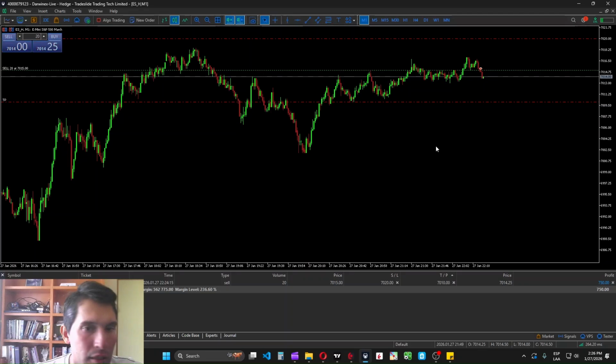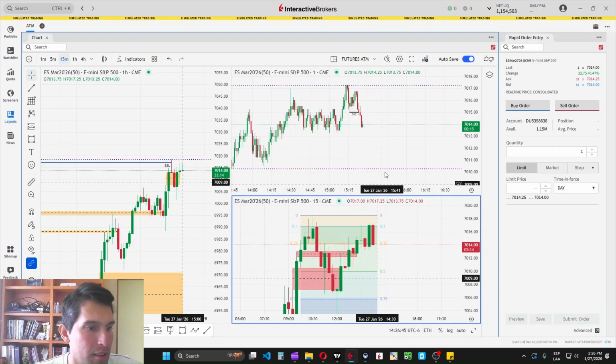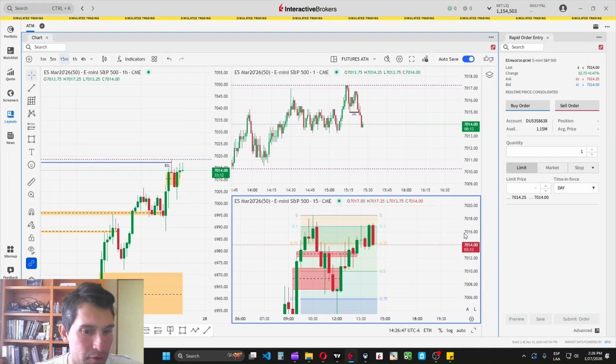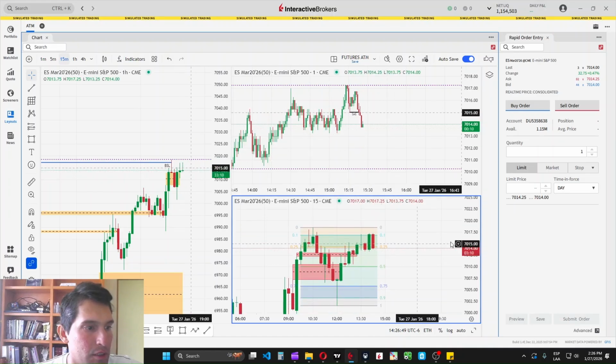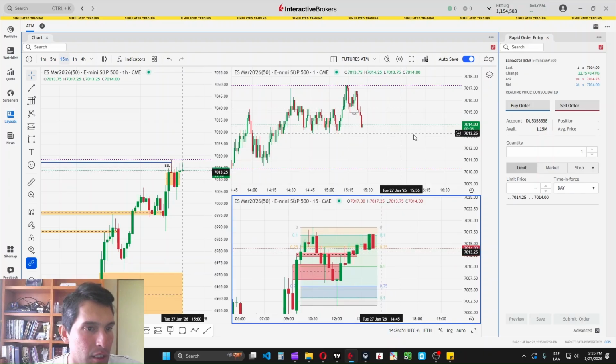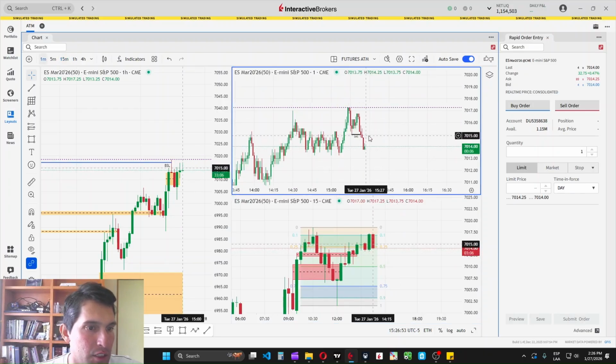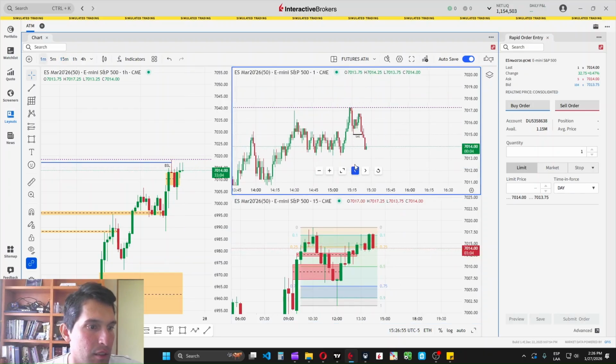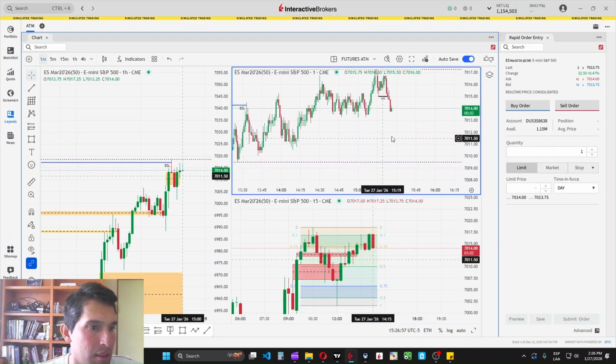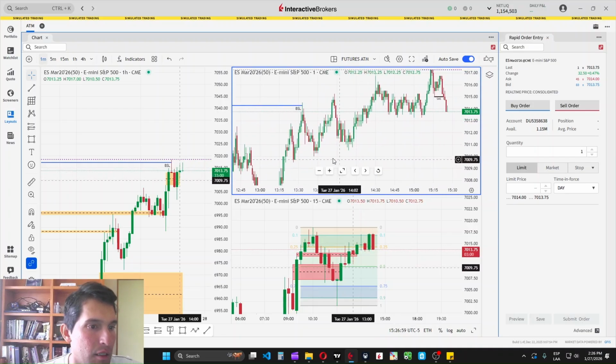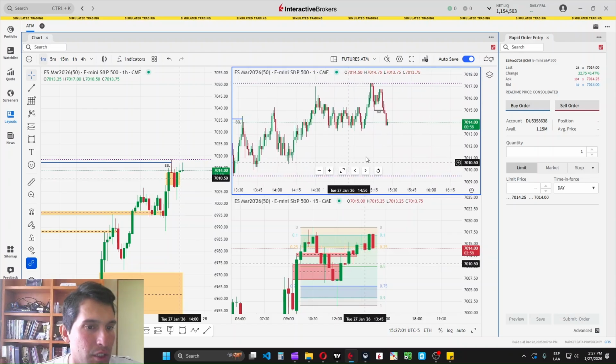I only take one-to-one setups, so this is what I was expecting, and kind of forgetting what's happening here with the 15-minute chart and the 1 hour chart, and only waiting for this shift in market structure that I was not getting at any point before here in the 1 minute chart.